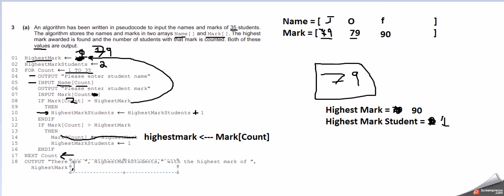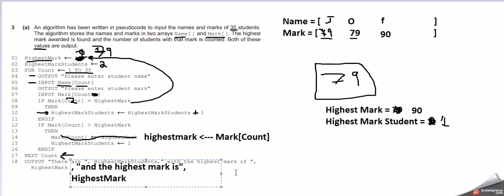So I'm going to do comma, and there are, no, the highest mark is, and then the variable highest mark, because it says very clearly, if we look at this, both of these values, the highest mark and the highest marked students, i.e. how many students have got the highest mark, should be outputted.